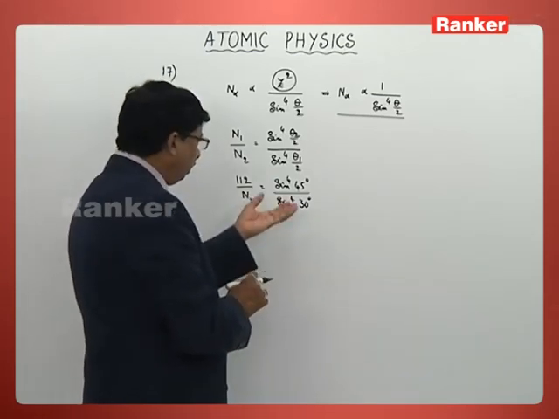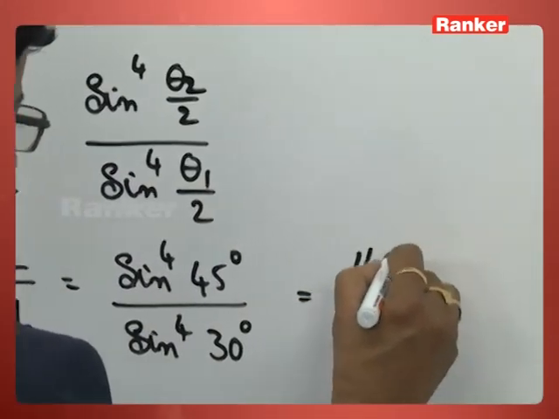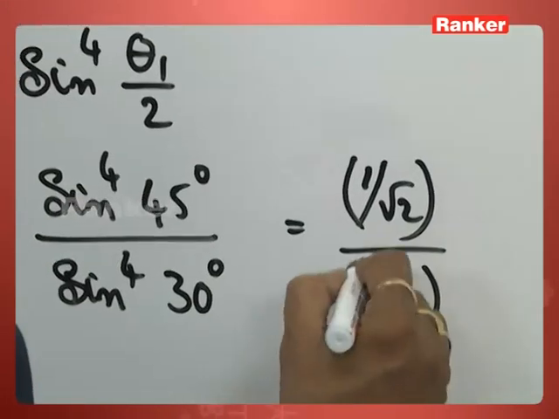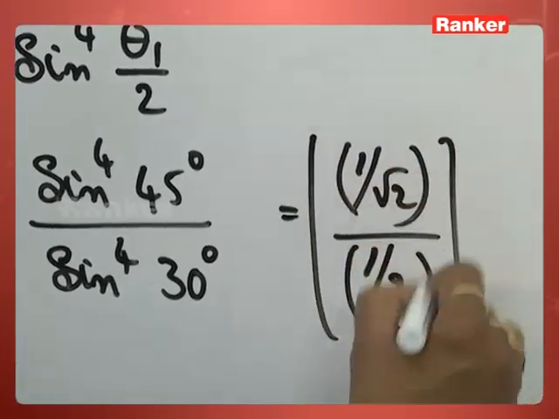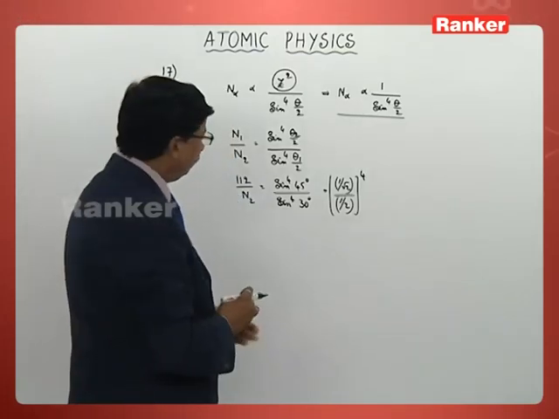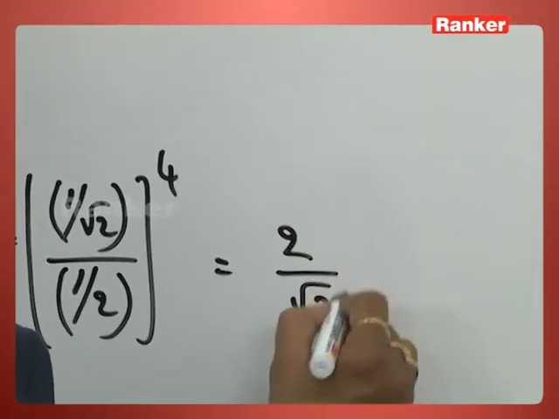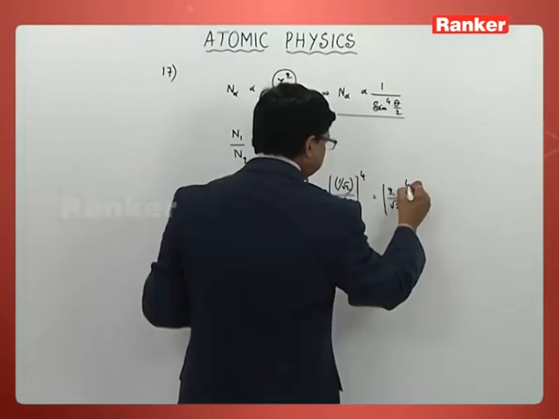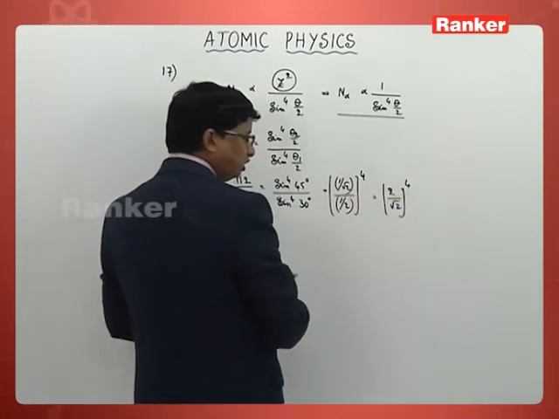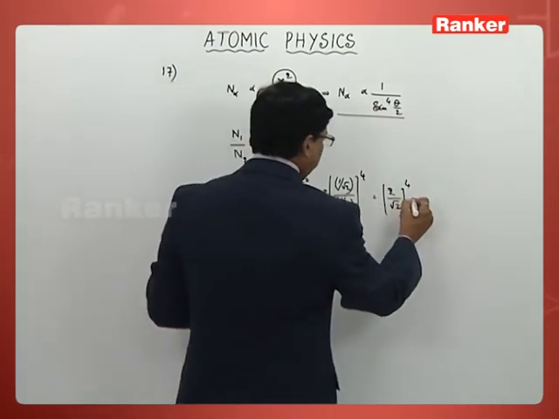So you can rewrite this directly as sine 45 which is 1 by root 2, sine 30 which is 1 by 2, whole power 4. In other words, you can rewrite it as 2 by root 2 whole power 4. The root 2 cancels, so simply it becomes 4.